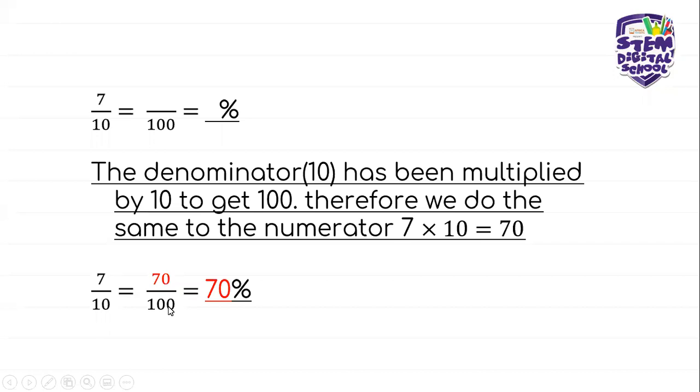And remember, whatever you do to the denominator must also be done to the numerator. Now that we have multiplied 10 by 10 to get 100, you must also multiply 7 by 10 to get 70.